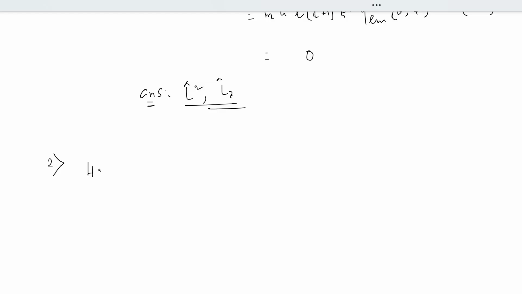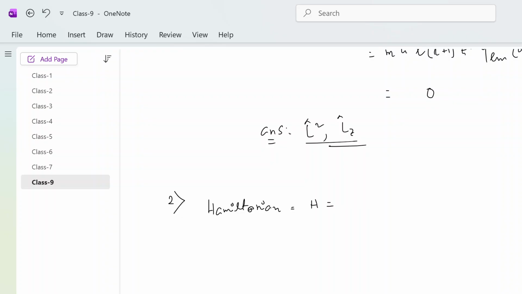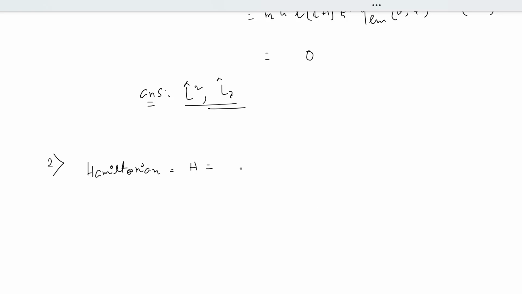The Hamiltonian of the system is kinetic energy plus potential energy.